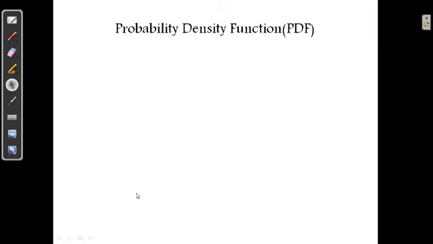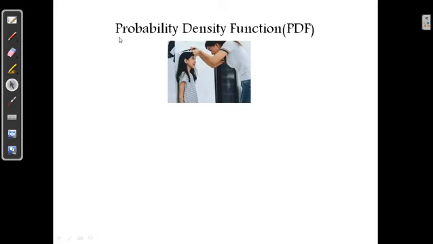Let us consider an example of measuring the height of a student. If we measure the height of a student, the data would be continuous in nature. The height may be around 165.1, or 160.5, or 165.01, or 165.001.